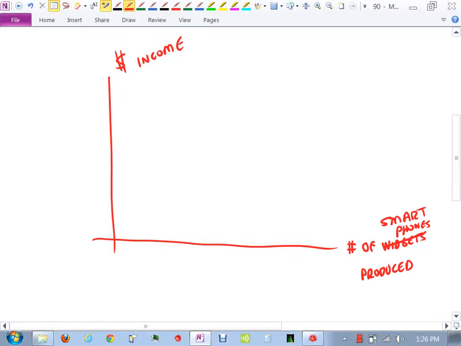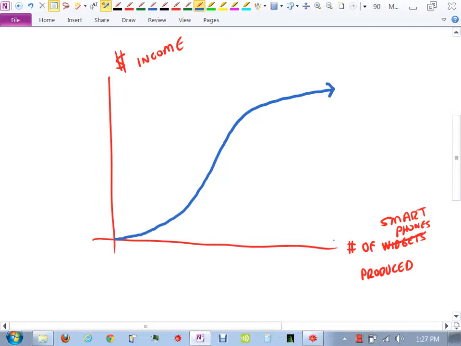And we produce so many per month. All right? And we make money off of those, don't we? Let's look at a graph of the income off those cell phones. What if my graph looks like this? Okay?